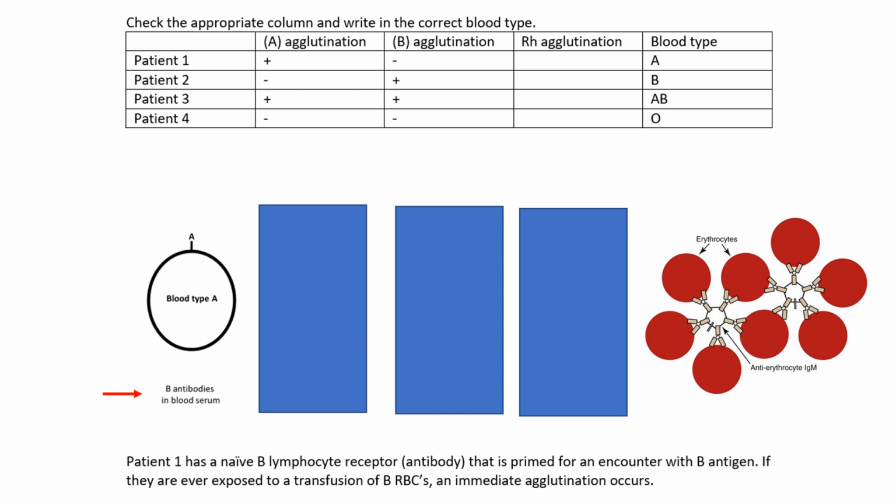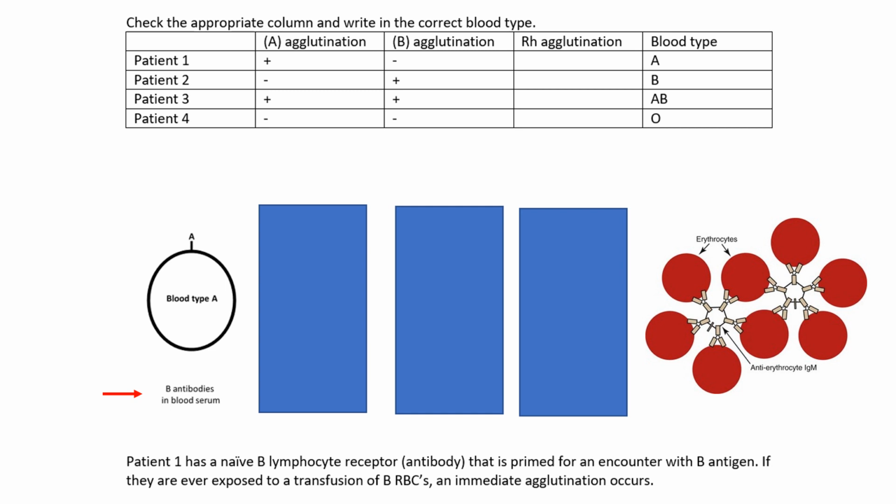So remember, we talked about a naive B cell. So this B lymphocyte, which is born in the bone marrow, then matures in the bone marrow. It will grow these receptors on the surface of the B lymphocyte. That receptor is primed for a specific encounter.